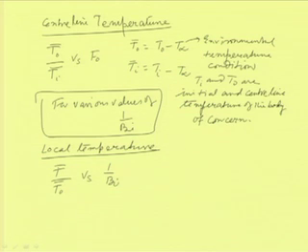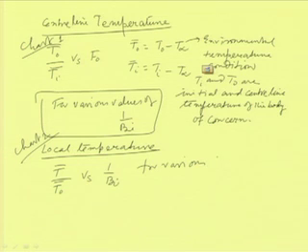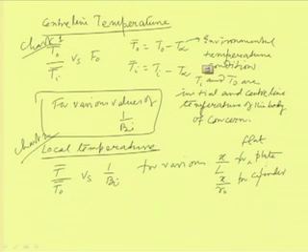This is chart 1, and this is chart 2. In the second chart, we find the dimensionless local temperature versus 1 by Biot number, and this plot is for various dimensionless values of x by L for the flat plate, x by R naught for the cylinder, and similarly x by R naught for the sphere.